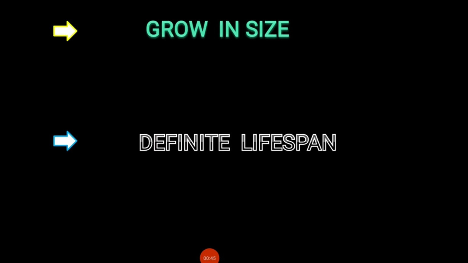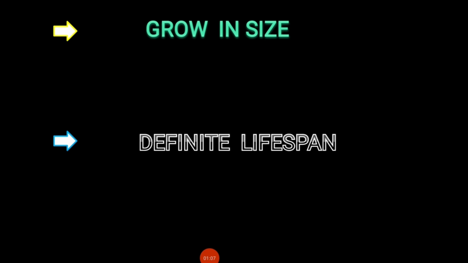The next is growth. All the living things mature and grow through the different stages of development. Now, the next point is the living things have definite lifespan.